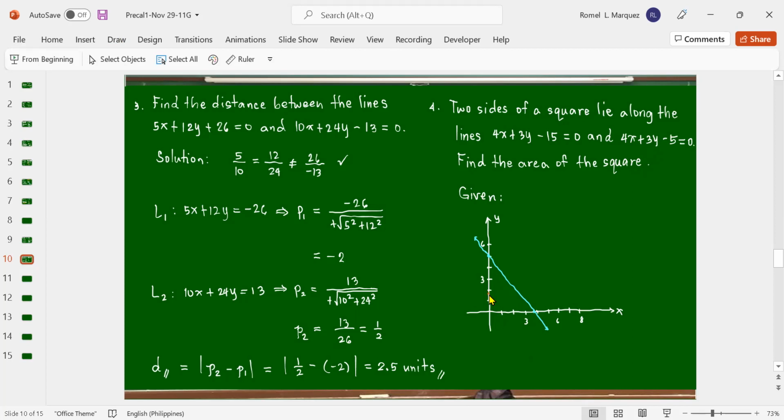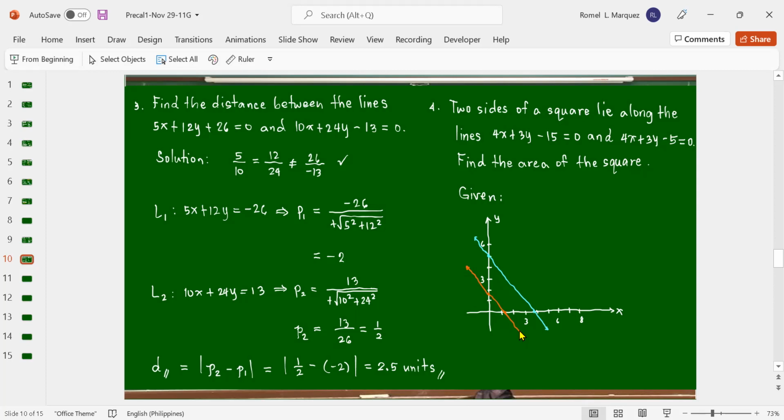Around here. Okay? And then we just draw parallel. To make sure, when x is 0, 1.25, somewhere here. And we just draw parallel to the blue.